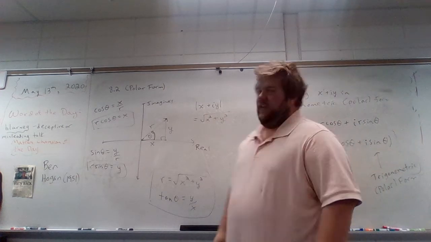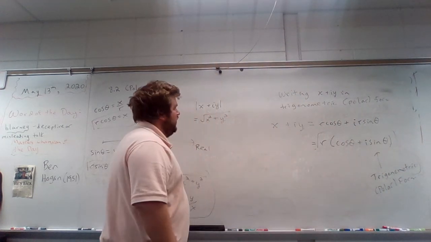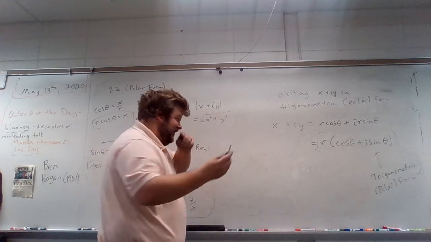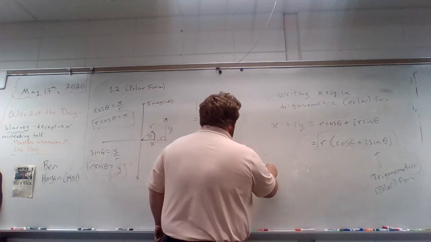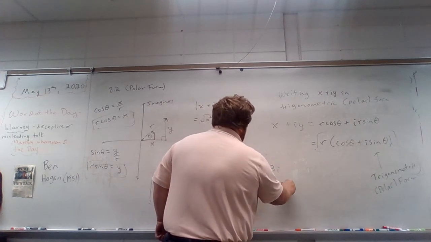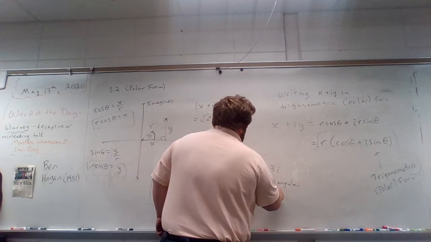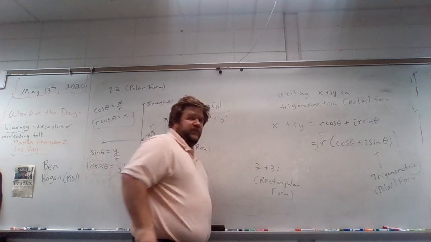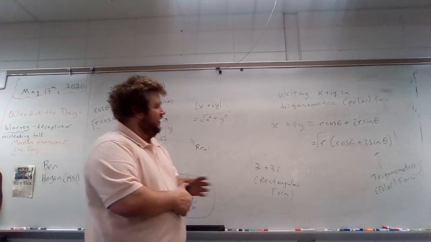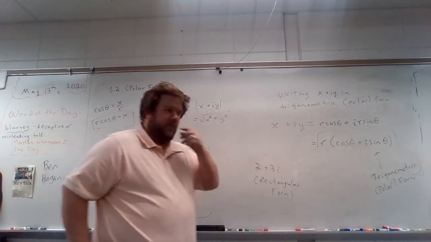Oh, by the way, I don't think I've used this, but a number in the form like x plus iy, like if I had 2 plus 3i, that's called rectangular form. So the way that you've always written complex numbers is now going to be called rectangular form to note the difference between the two.